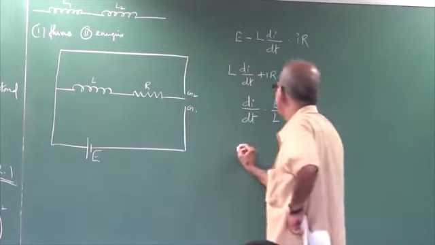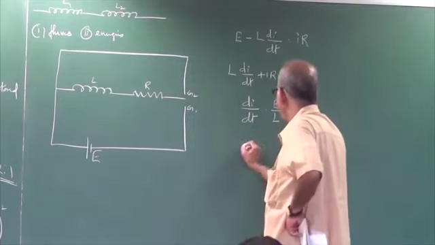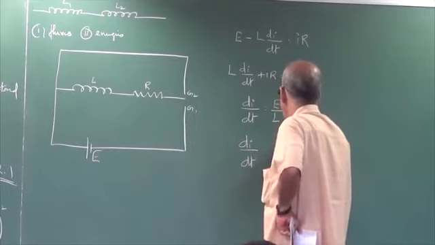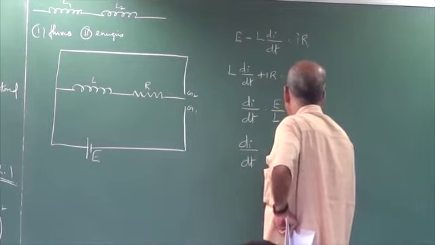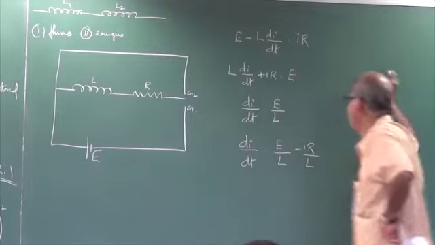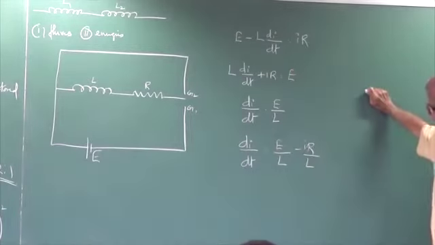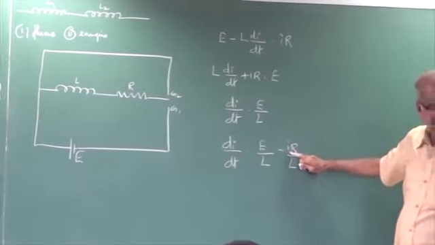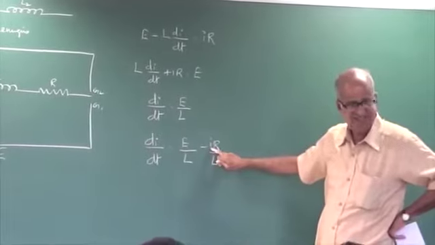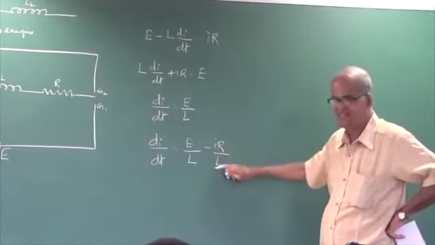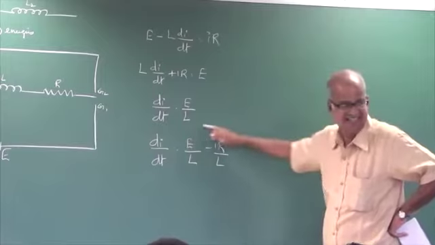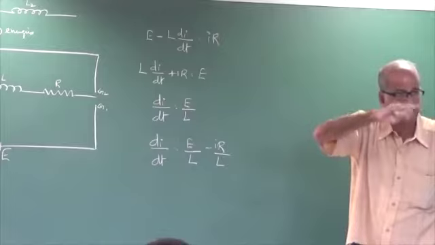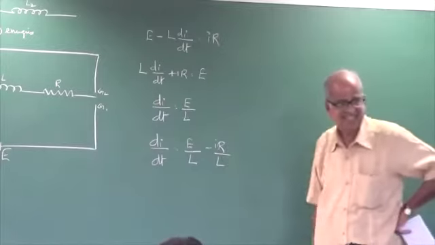At any other time instant, you can say dI by dt is equal to E by L minus IR by L. Correct? That means as the time goes on, this factor IR by L increases, this quantity decreases. So the growth rate of the current decreases.